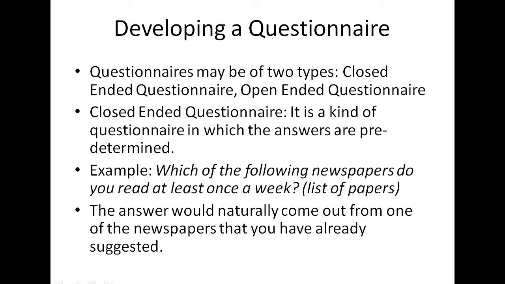Such a questionnaire is known as a closed-ended questionnaire, in which answers are predetermined. The answer would naturally come from one of the newspapers that you have already suggested. So these are closed-ended questionnaires.